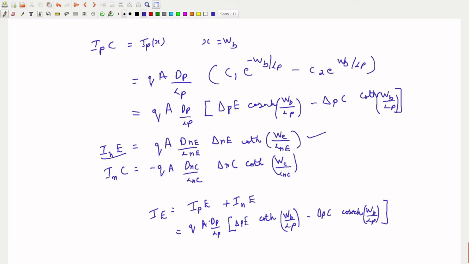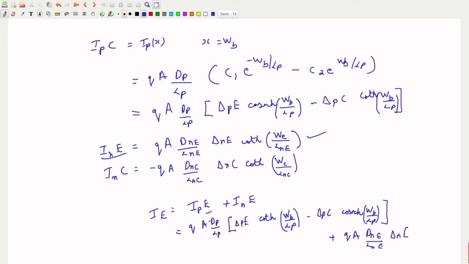This is IPE, plus INE, which is QA dNE by LNE. We are using extra E's to show that it is in the emitter side.